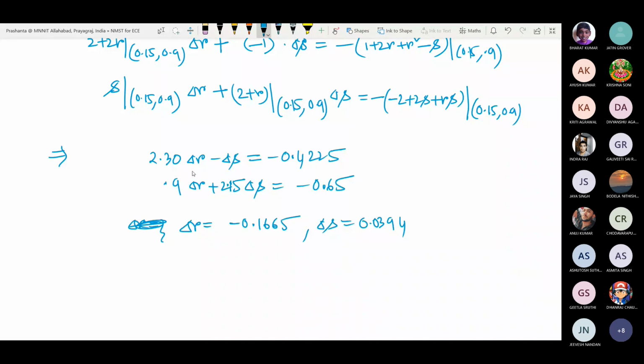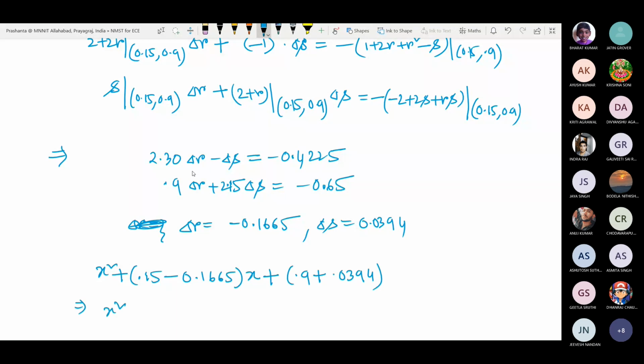So the next approximate factor after second iteration will be x square plus 0.15 minus 0.1665 into x plus 0.9 plus 0.0394. That will be the next approximate factor.